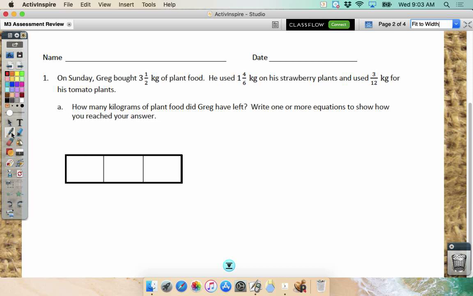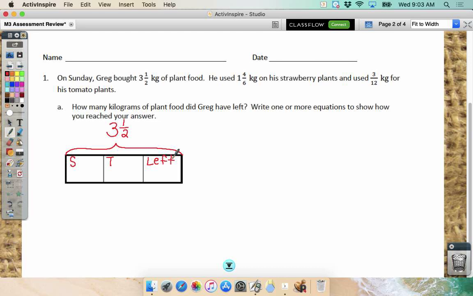All right, so the first thing I need to do is write the total on my tape diagram. What's the total amount? 3.5. Okay, and he used something for strawberries, something for tomatoes, and he had some left. See how I kind of put those in the corner?